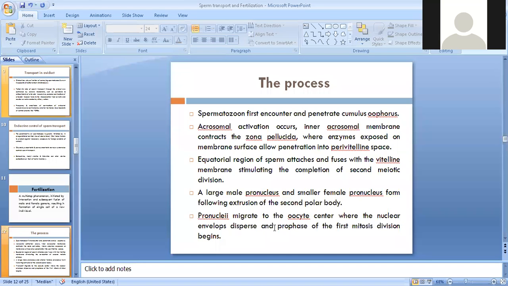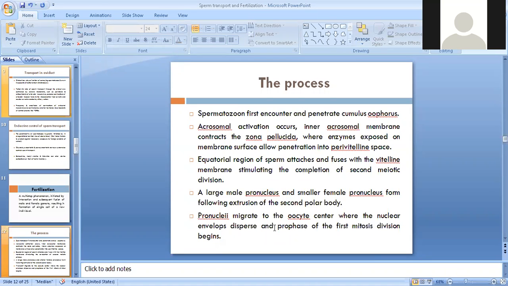The various events that occur during fertilization are, first of all, the spermatozoa encounter and penetrate the cumulus oophorus, which is the outermost loose layer of the ovum, as we read during the past 2, 3 lectures, and as you must have read about the female and male reproductive systems and the sperm structure also.